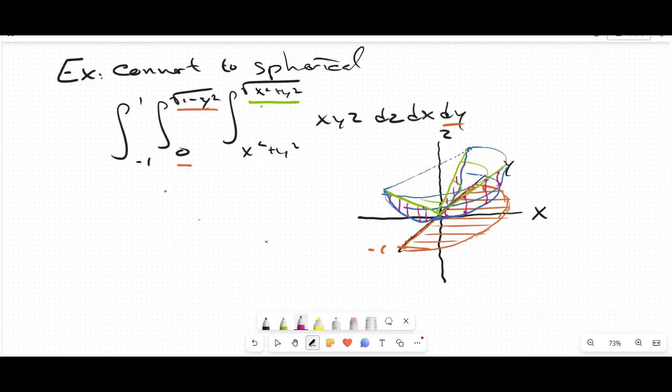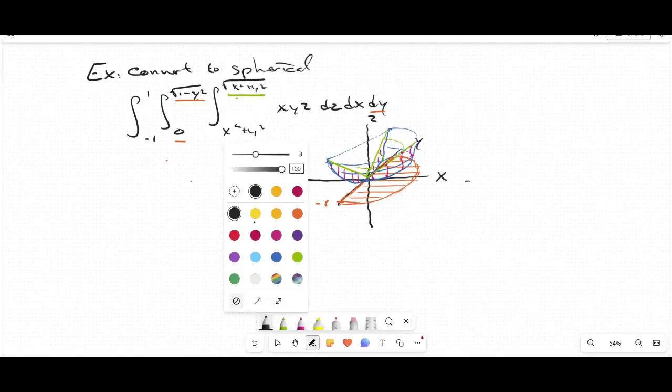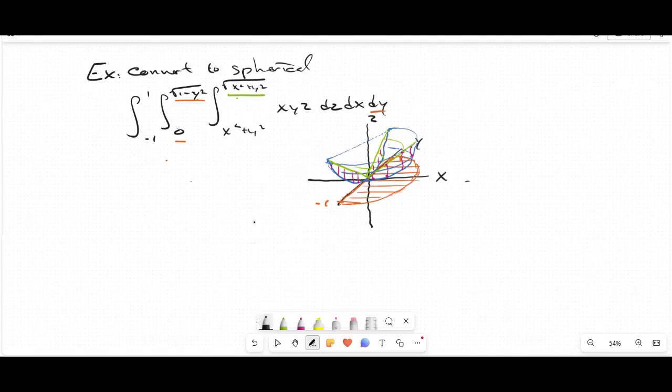With this picture fleshed out, we can now attempt to convert to spherical coordinates. I'll start by seeing that the largest theta value is pi over 2, and the smallest theta value is negative pi over 2.